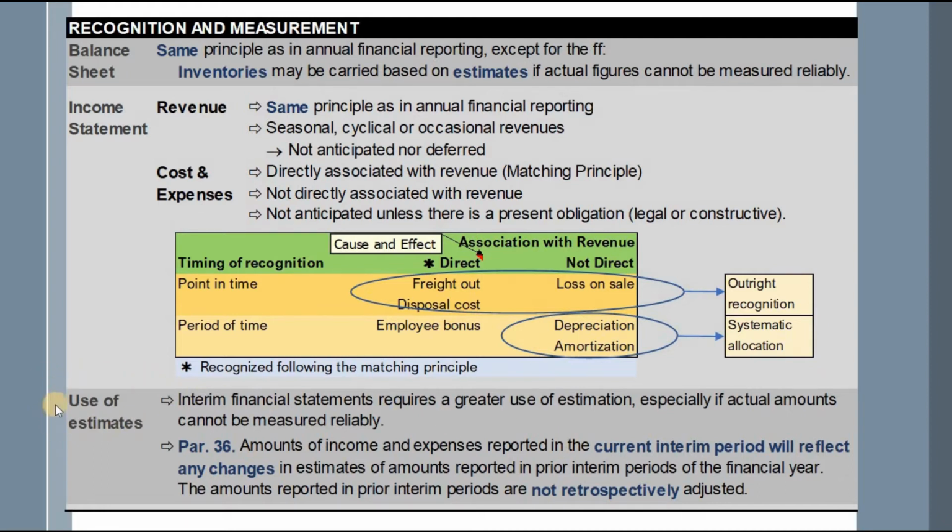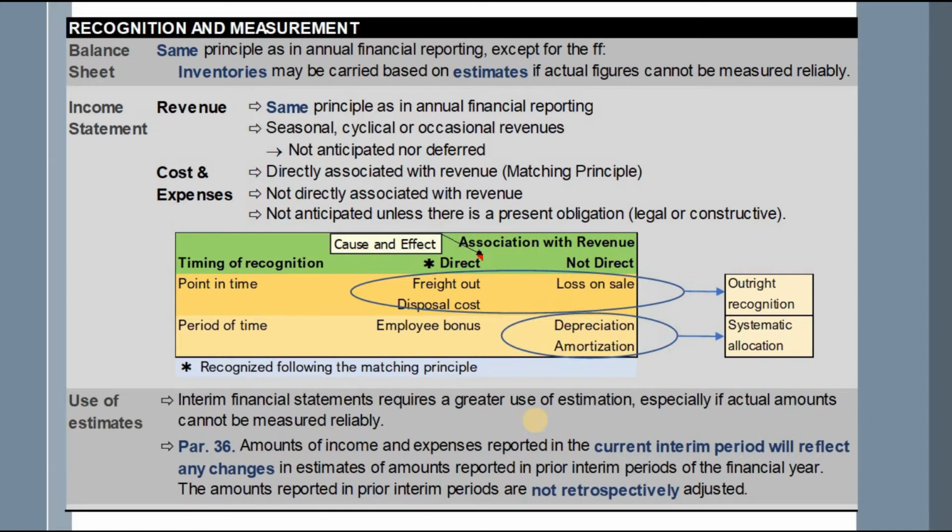Then use of estimates. So interim financial statements require a greater use of estimation, especially if actual amounts cannot be measured reliably. So unlike in the preparation of annual financial statements, under interim financial reporting, there are more estimates that are being used because there are instances that actual amounts cannot be determined at the end of every interim period.